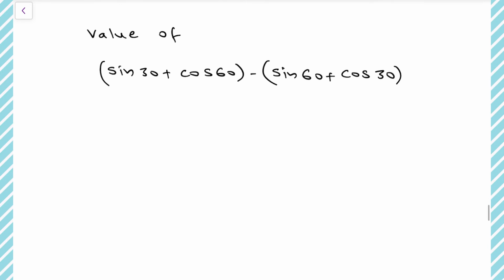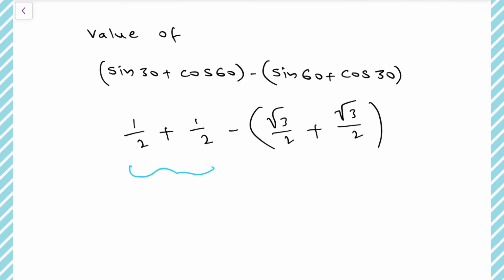Next. What is the value of sin 30 plus cos 60 minus sin 60 plus cos 30? Sin 30 is 1 by 2 plus cos 60 is 1 by 2 minus sin 60 root 3 by 2 plus cos 30 root 3 by 2.